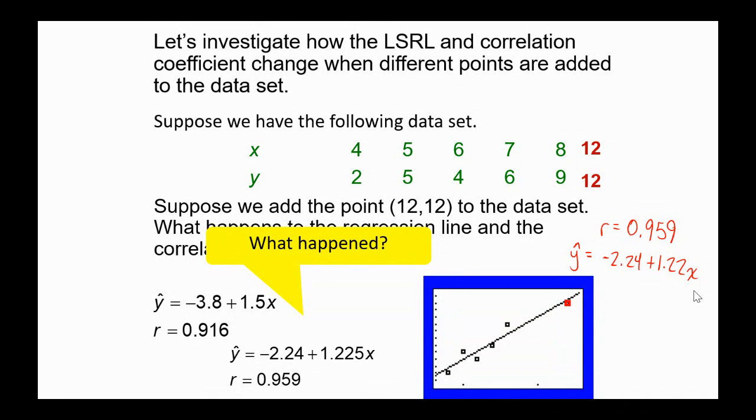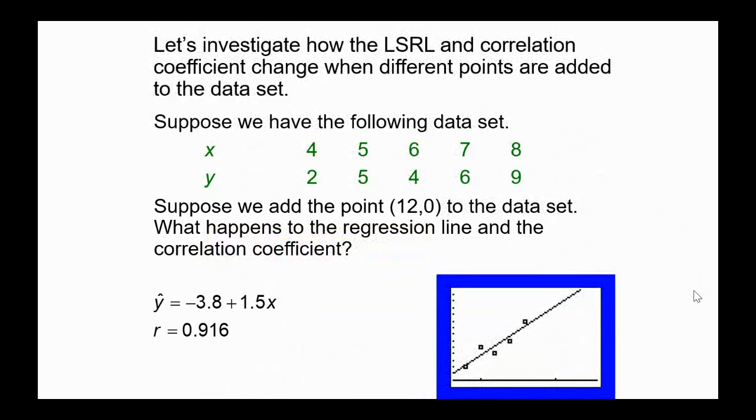Let us know what you get for the correlation and the regression line. Let's round to 2 decimal places for the regression line and 3 for the correlation.